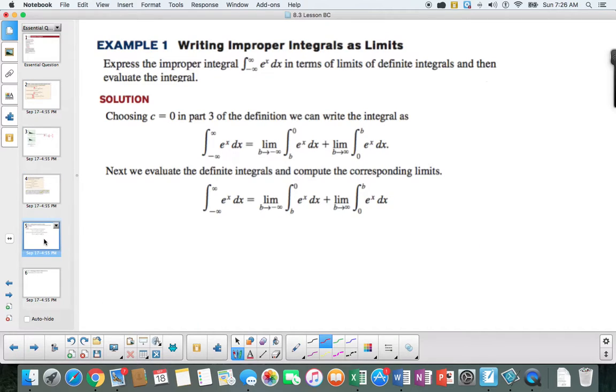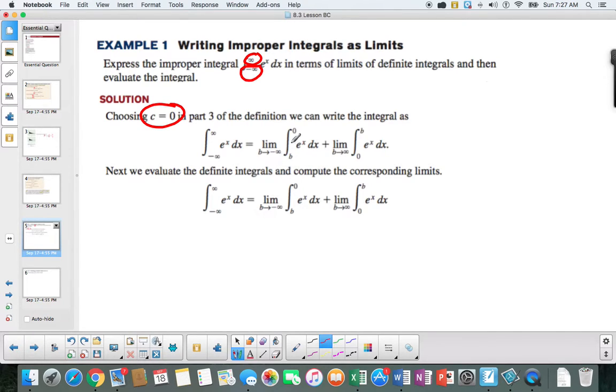Let's go ahead and jump into an example here. We have an example where the upper and the lower limits are infinity, and we're going to try to determine whether this has a limit. So the first thing we're going to do is, between negative infinity and positive infinity, choose some constant. 0 is a great number to work with, especially when you're working with the fundamental theorem of calculus.